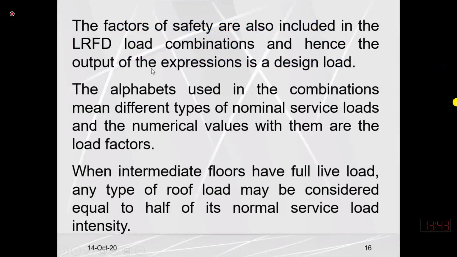Factor of safety is also included in the load combination. If we sum up all the loads without any factor of safety, this load will be the service load. And if we multiply the loads by some factor of safety, as we usually do in LRFD, we get factored loads. So the alphabets used in the combination mean different types of nominal service load, and the numerical values with them are load factors that you can see in the upcoming slide.